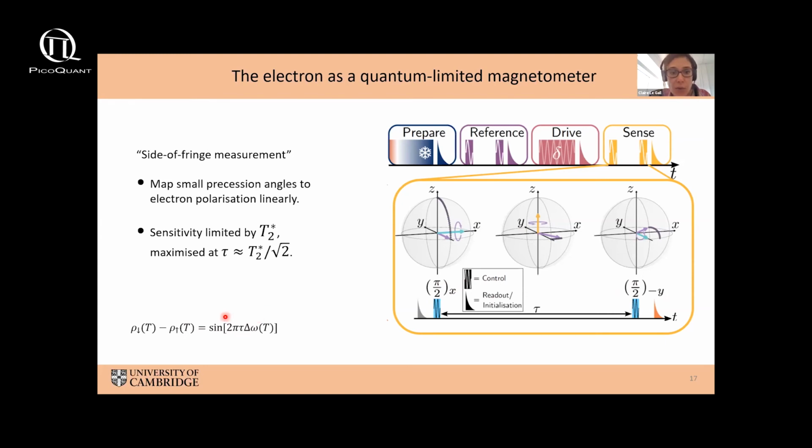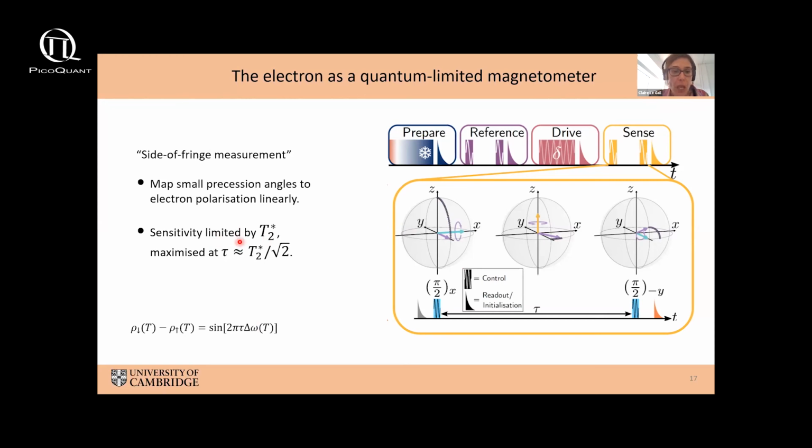So this overall quantity in the sine is a small quantity, and with this side-of-fringe measurement, just like an optical interferometer at the side of the fringe, you are maximally sensitive to small path variations in your interferometer. And this is exactly the same with the electron spin, maximally sensitive to changes in the Overhauser field.